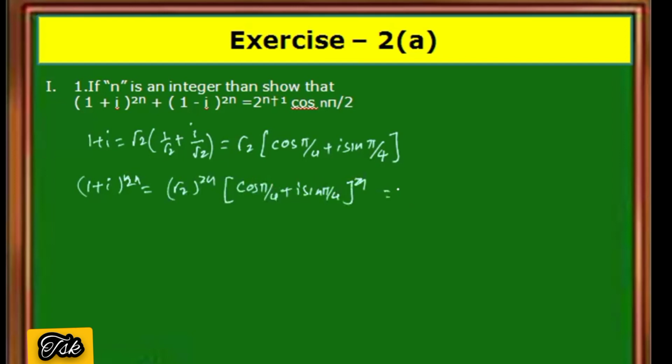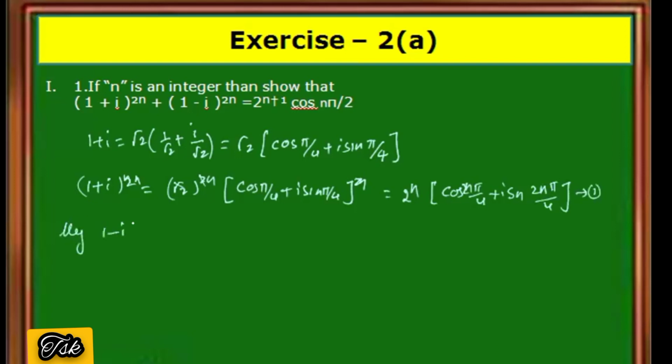This becomes 2 power n, since root 2 squared gives 2, into cos 2n pi by 4 plus i sin 2n pi by 4. That's number 1.